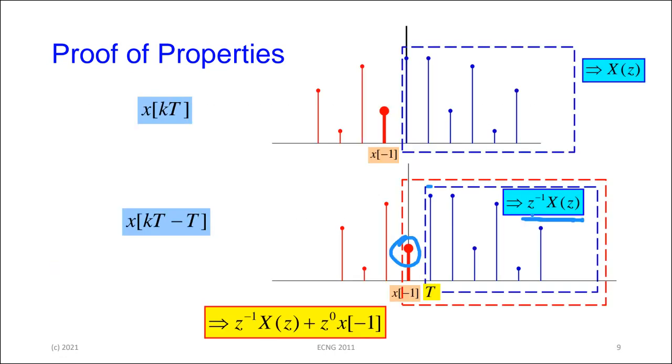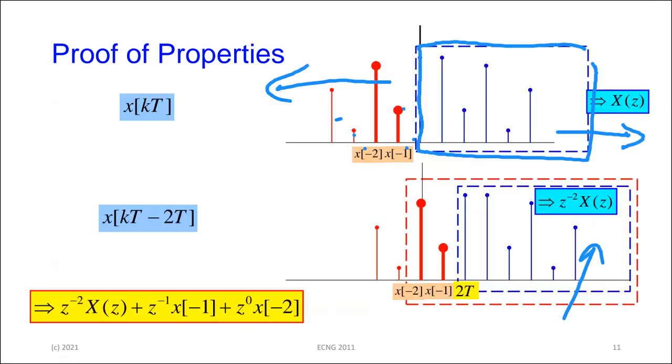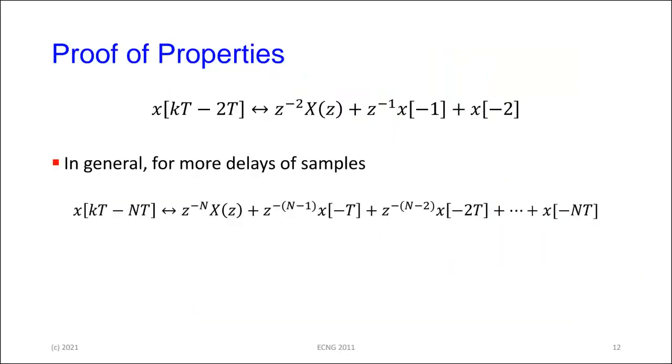And then if the sequence is not causal, you have the non-causal values that you have to bring into play. And that is this second property here.